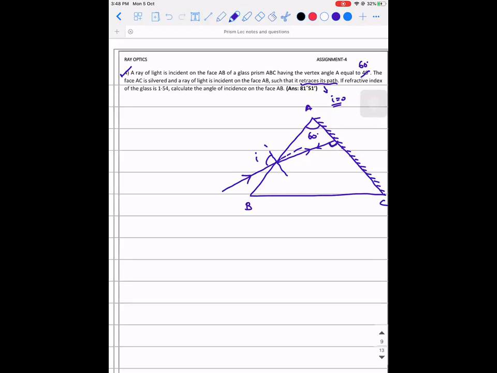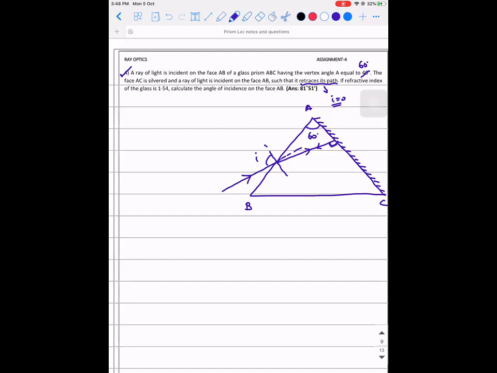I hope this point is not confusing. There are two ways to understand this concept. You can either say it is incident at an angle 0, or it is incident normal to the side. They both are the same.